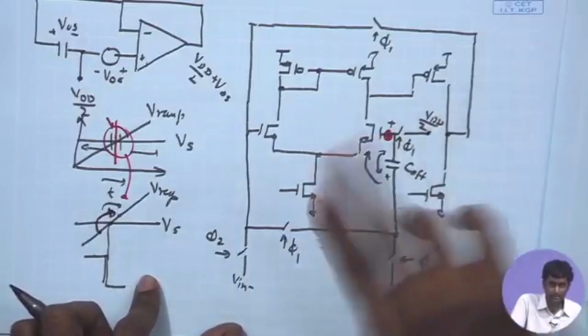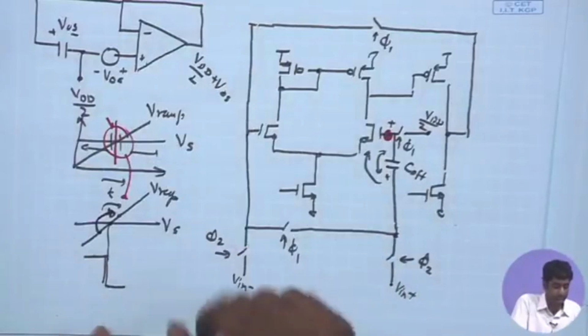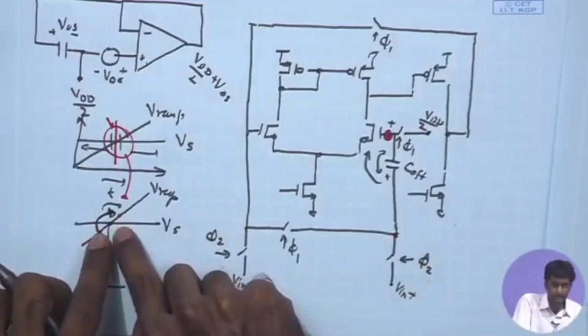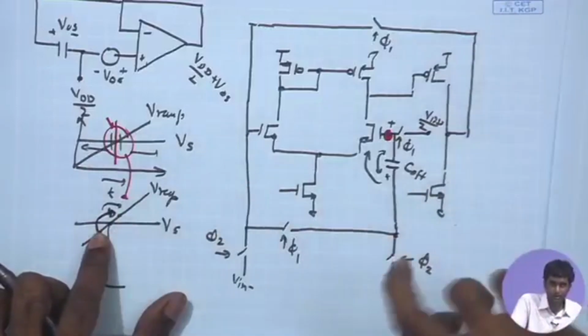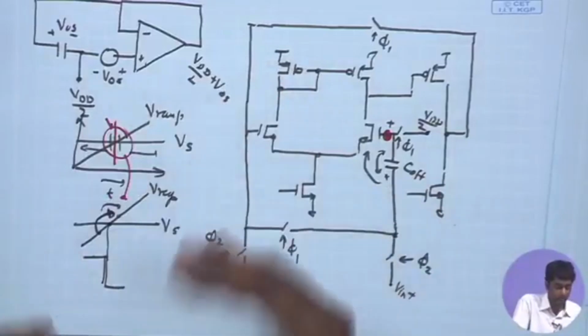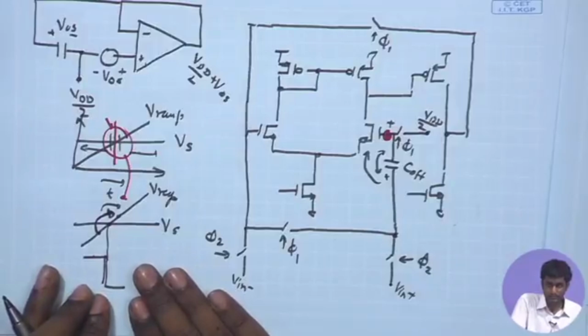So, that effect is also captured in the form of offset voltage, that is, the minimum difference in the Vref and Vs required so that the output flips. That effect is also indirectly getting captured in the offset voltage. Because what is offset voltage?